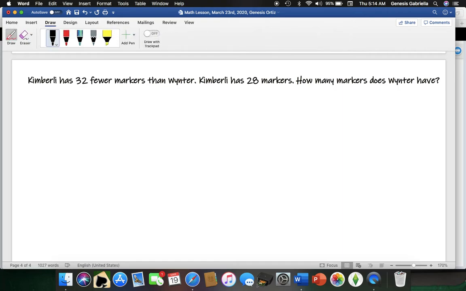Kimberly has 32 fewer markers than Winter, but we know Kimberly has 28 markers. So we don't know how many Winter has. So I'm going to put K for Kimberly. She has 28 markers. We don't know how many markers Winter has.